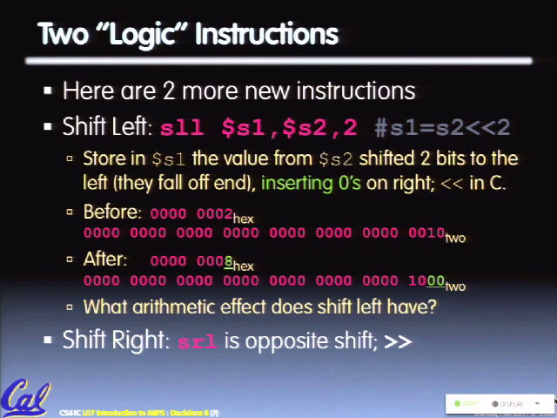Yeah, it goes from being a negative number, maybe even a small negative number, to being a big positive number, and that's not right. So you're going to see that there's an additional guy called SRA, shift right arithmetic, that kind of sign fills it. Whatever the high sign was, it preserves it. So it preserves the sign value of that. That's kind of nice. So there's SLL, SRL, and SRA, which are useful to move things around. And you're going to see why that's useful.